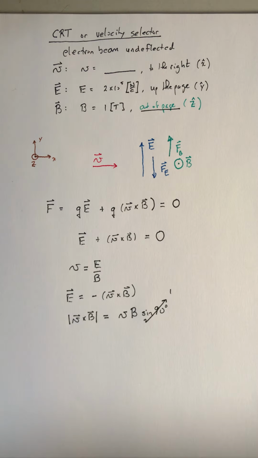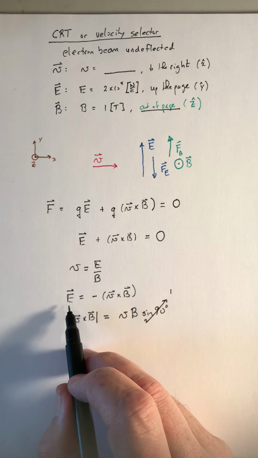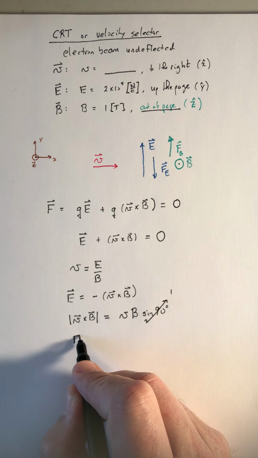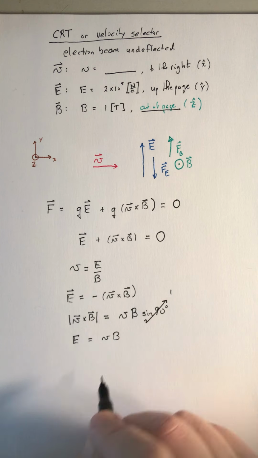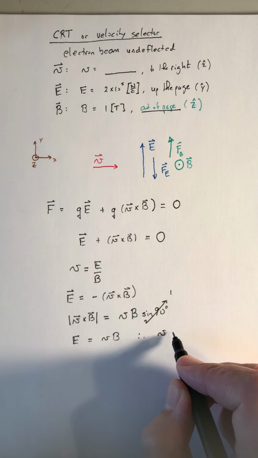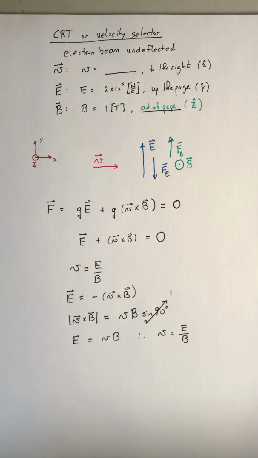So that's just a 1. And then the magnitude of the electric field is obviously just E. So in terms of magnitude, we're just looking at an equation that E is equal to V times B. Therefore, V is E over B.